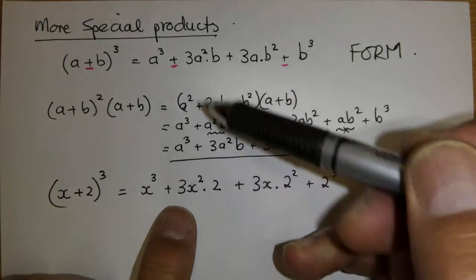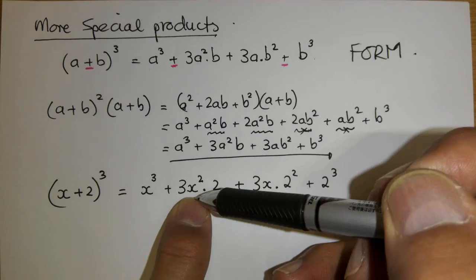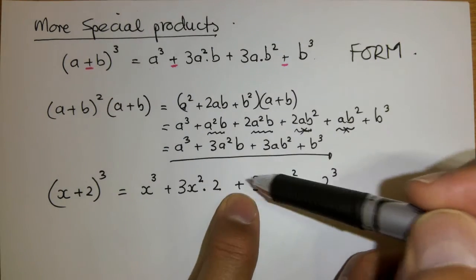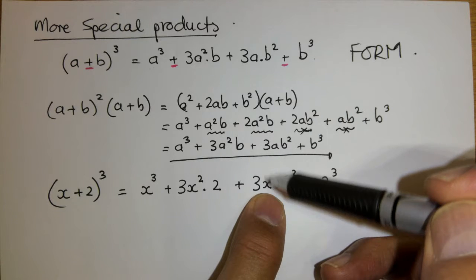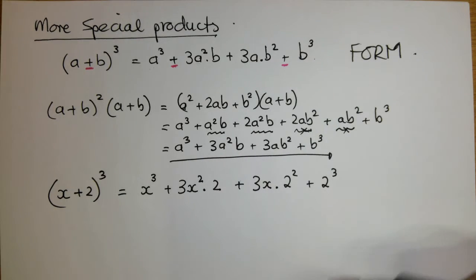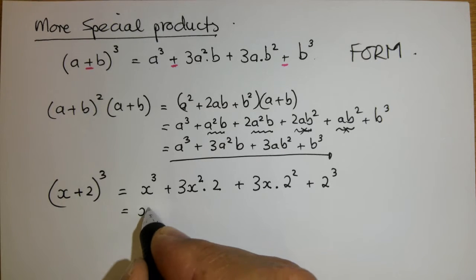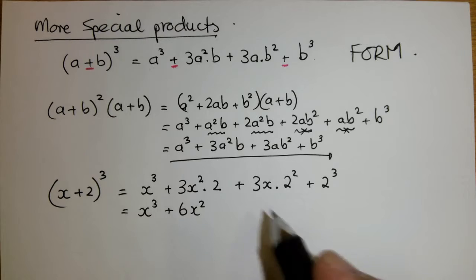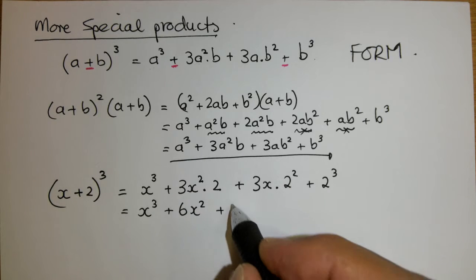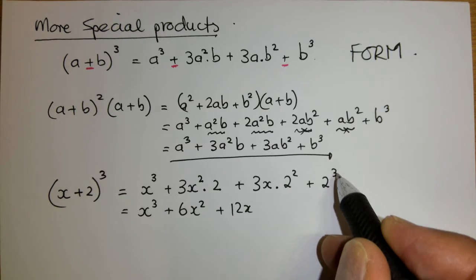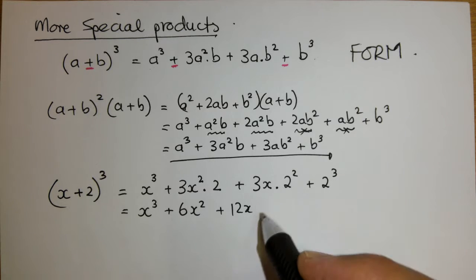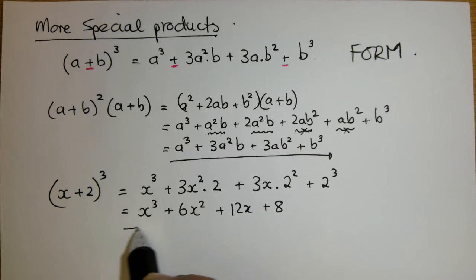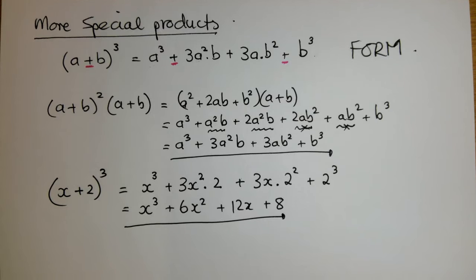Now I can clean it up. x cubed, 2 times 3 is 6x squared. This is 4 times 3 gives 12x, and 2 times 3 is not 6, folks, it's 8. Okay, there we go. There's our binomial cubed where we had a plus in the bracket.